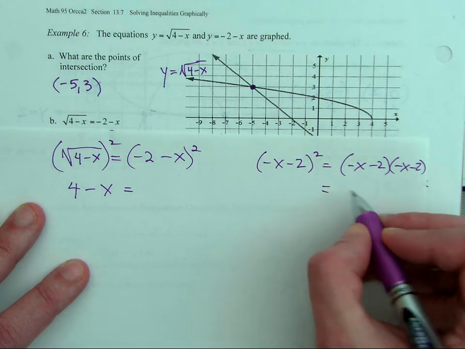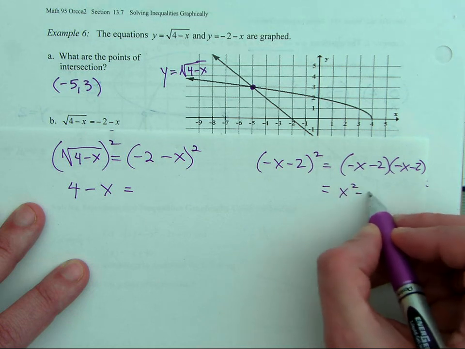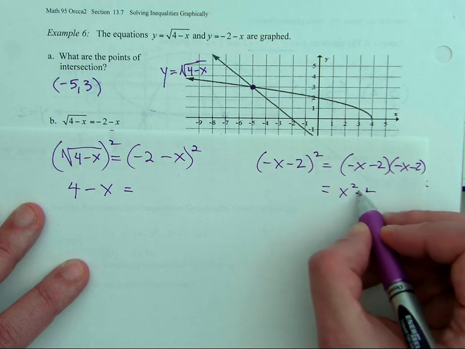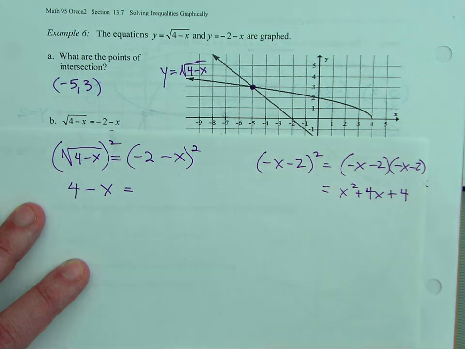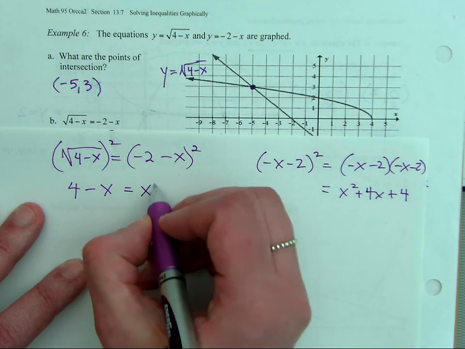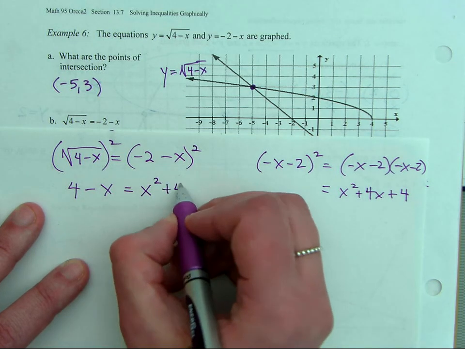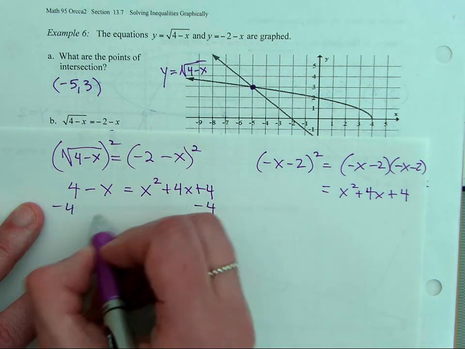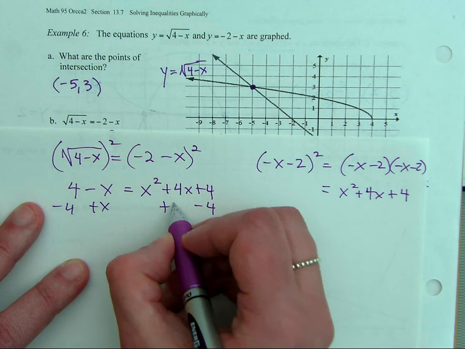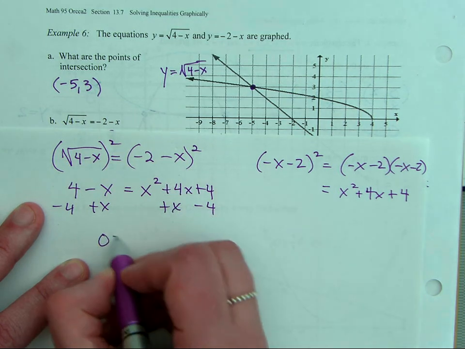So when you square that, you get x squared plus 4x plus 4 when you FOIL it out. So you have x squared plus 4x plus 4, and then you could subtract 4 from both sides, add x to both sides, and you get 0 equals x squared plus 5x.